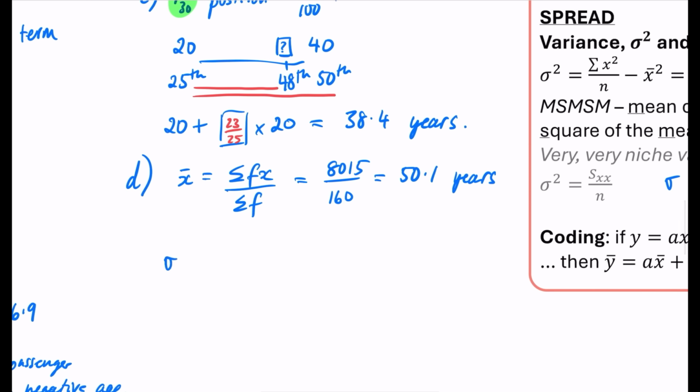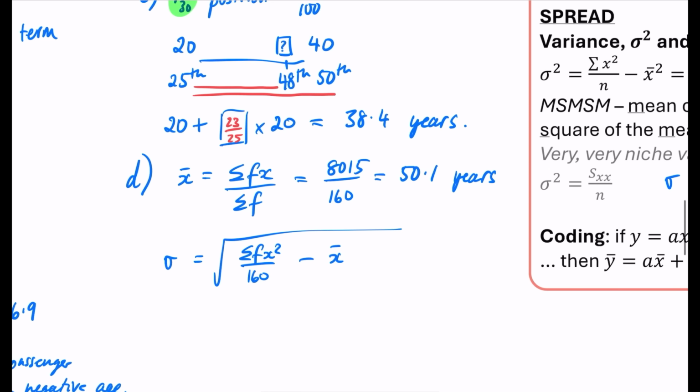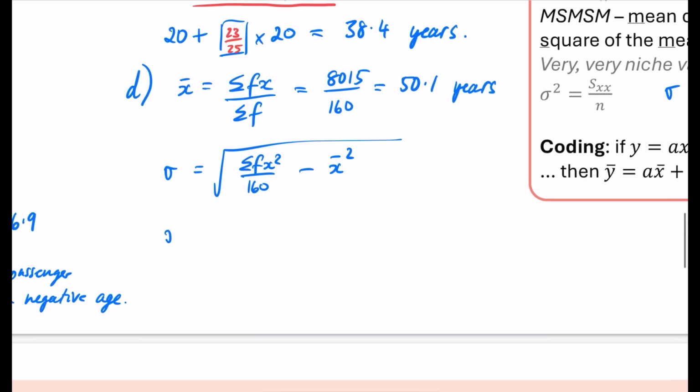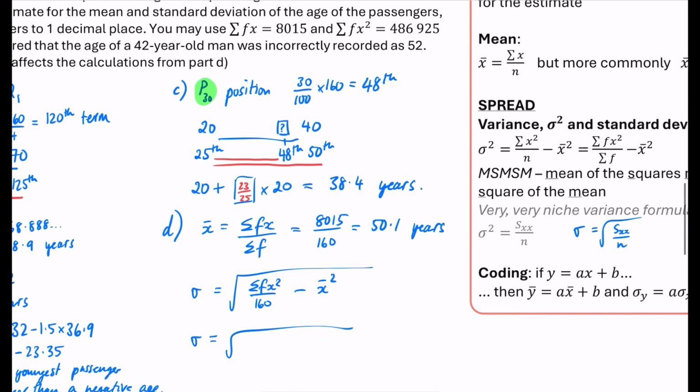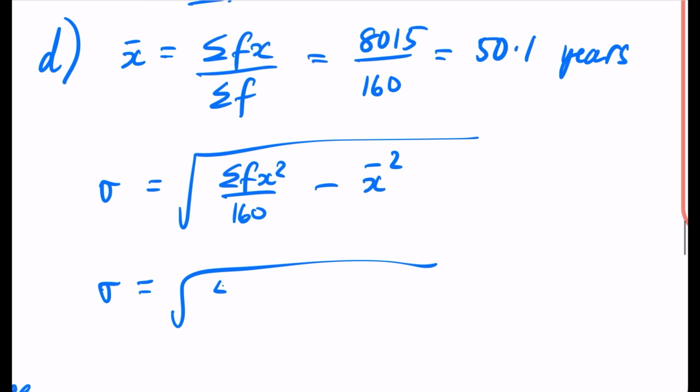Now we're going to do the standard deviation. So I'm going to make sure that I'm doing the square root sign. It is the mean of the squares, so that's going to be divided by 160, minus the square of the mean. When I actually put those values in, I'm going to put this as a big fraction here: it's going to be the sum of fx squared, 486,925, divided by 160. I could write 50.1 squared, but I already rounded that.